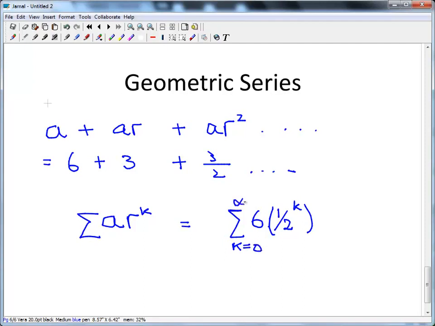That's a very formal way of writing it. The key part was to identify a and r, and we've done that. So that ends the presentation.